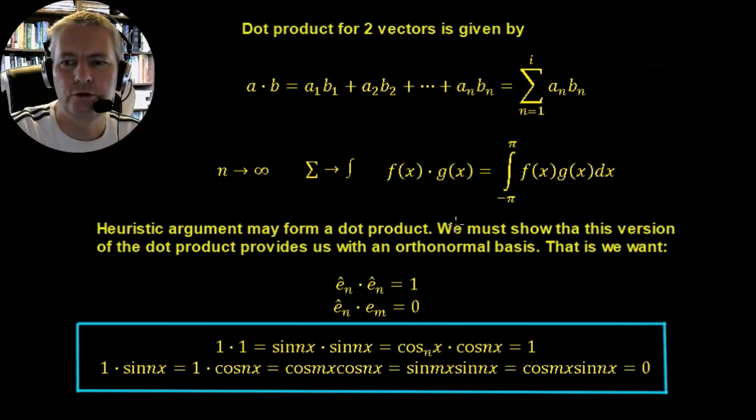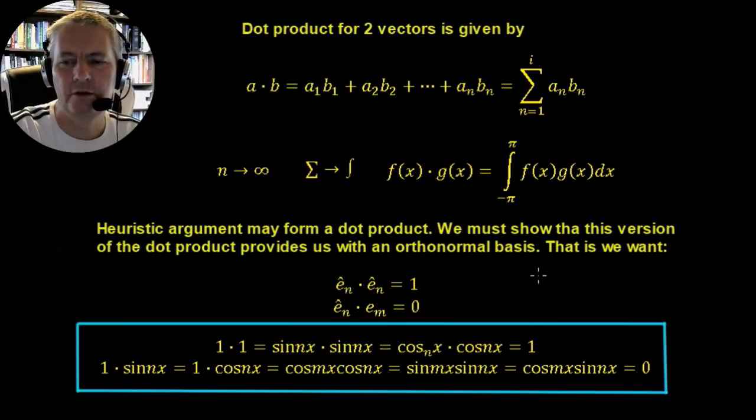But it's not the whole story, because we need to show that this dot product that we've formed here will actually provide us with an orthonormal basis whenever we're using the sines and cosines as the basis functions.